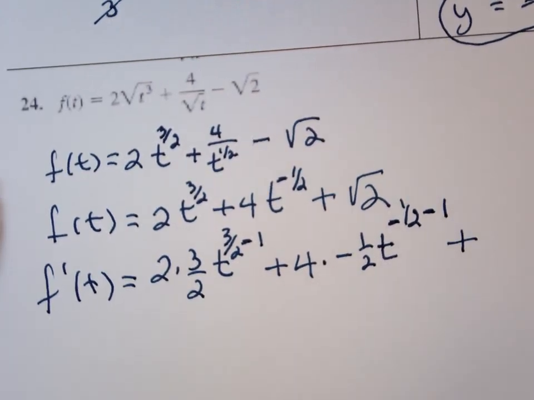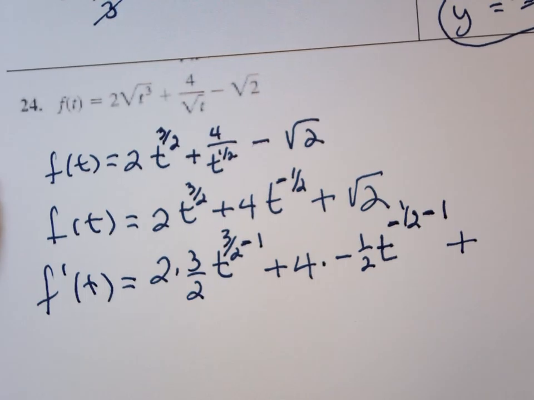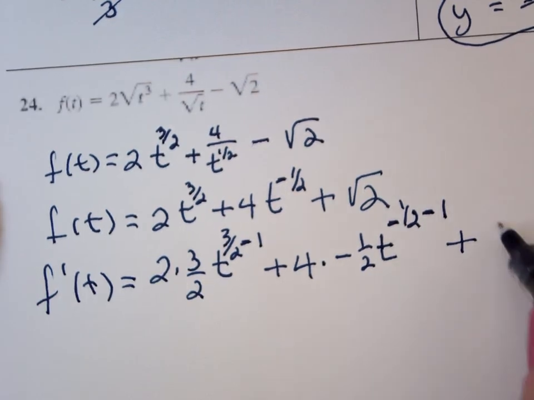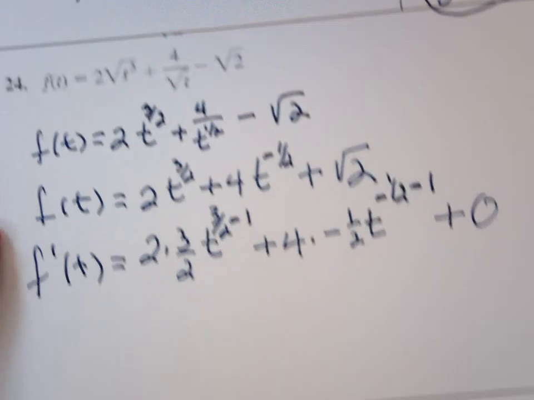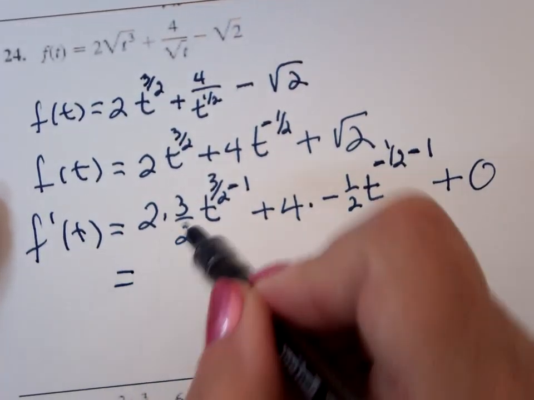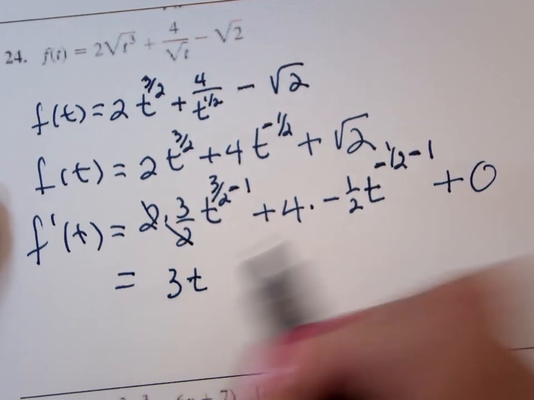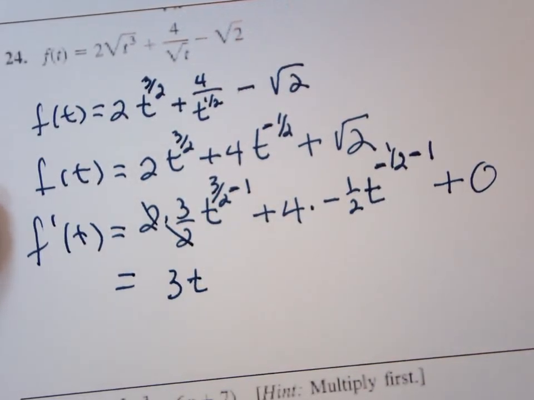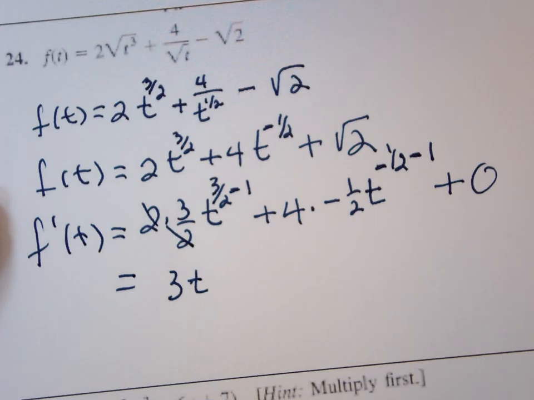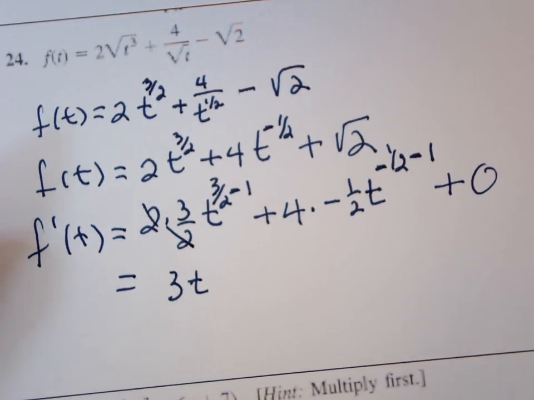And the derivative of square root of 2 is? 0. The 2's reduce out, so I get 3t to the 3/2 minus 1 is 1/2. If I have 3/2, I'm taking away 1. It's 1/2. Yes.